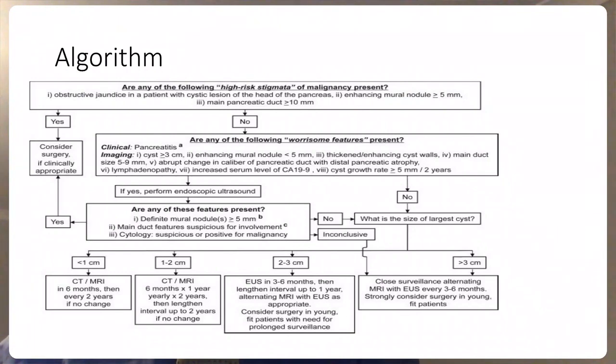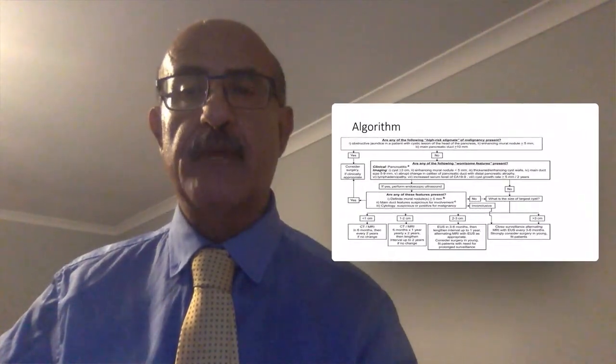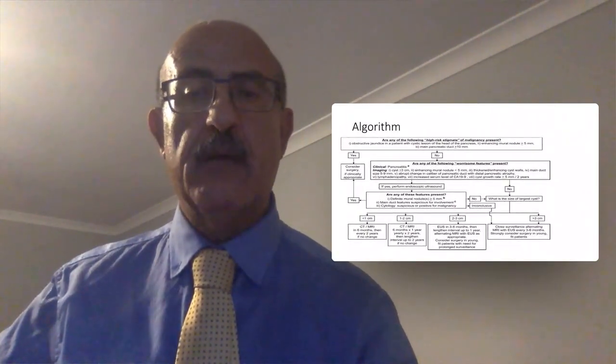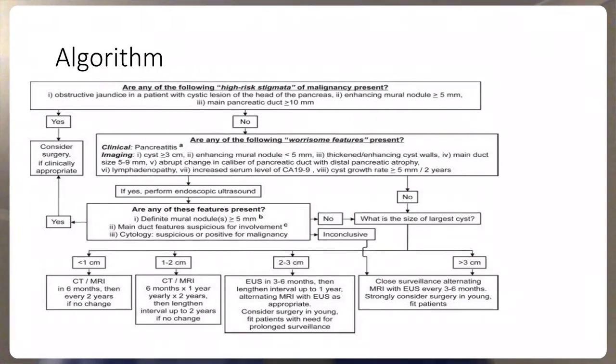You could pause the video here and have a look at that. Also, this algorithm is available on the internet. You could download it and use it as a guide for you to manage any given patients.